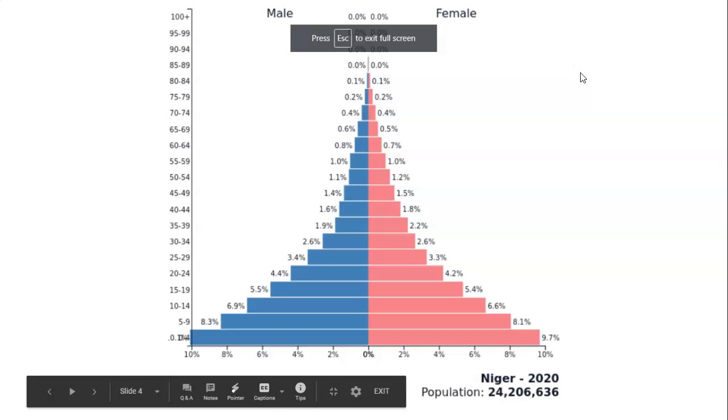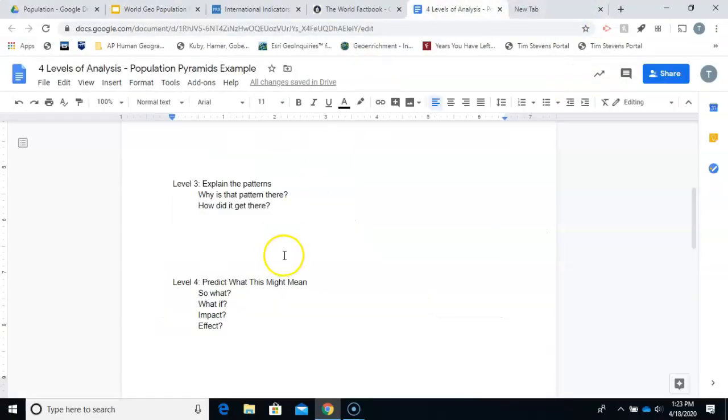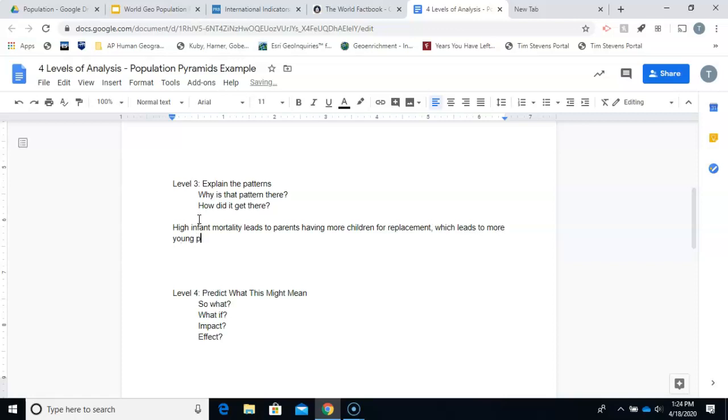So let's write that down. All right. Why is this pattern there? Well, one of them is because high infant mortality leads to parents having more children for replacement, which leads to more young people in the population.